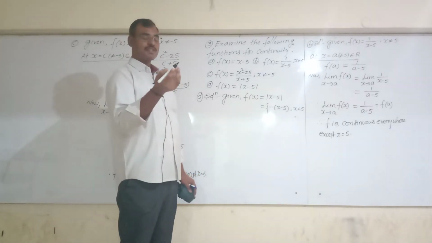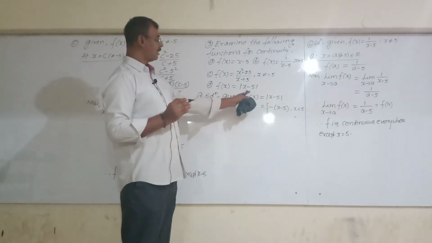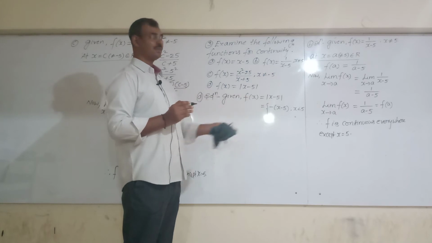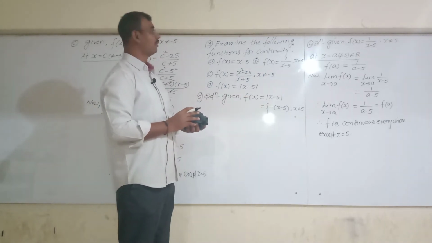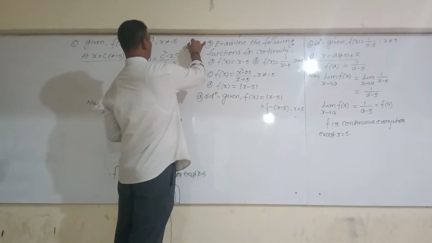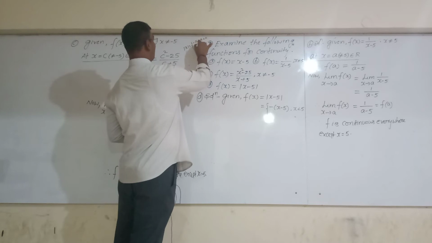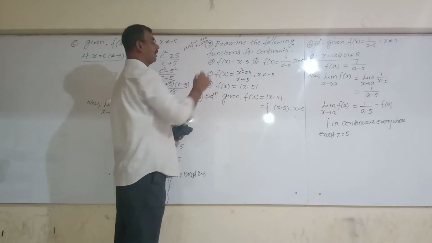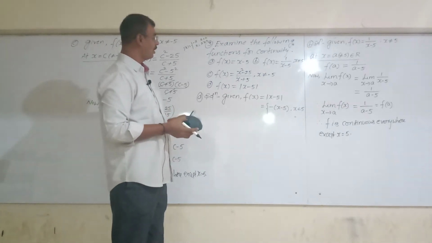When x is smaller than 5, this function always becomes negative. We know the mod x property. Mod of x is equal to minus x when x is less than 0, plus x when x is more than or equal to 0.